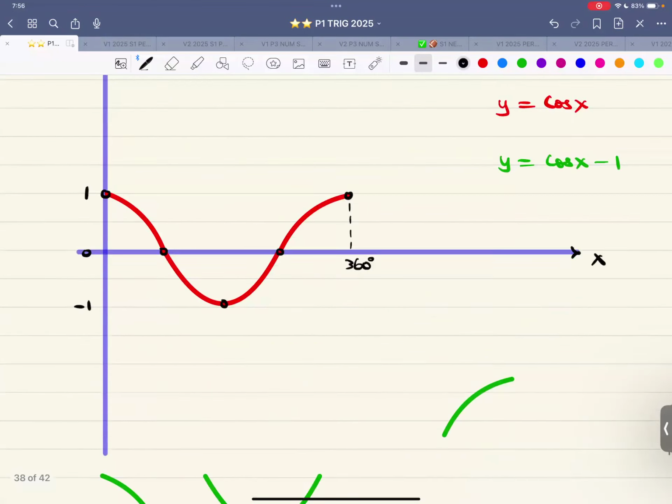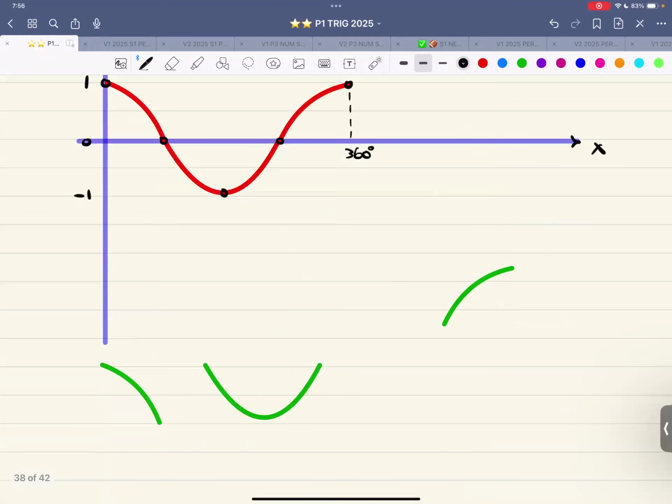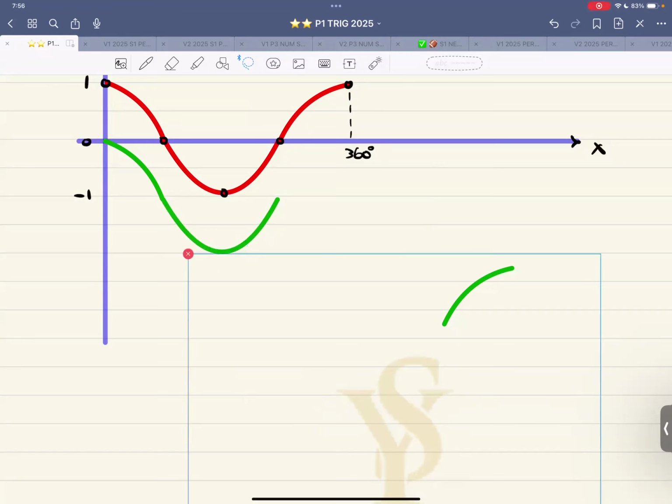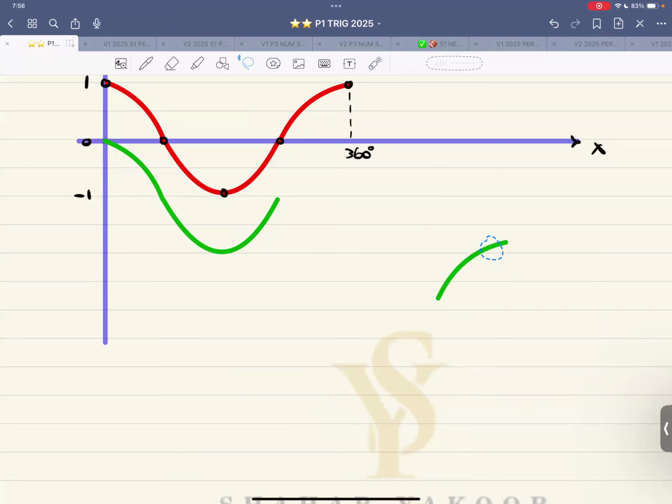Now we are transferring it 1 unit down. So let me take this thing up, and now it is transferred 1 unit down like this. Let me take this thing, attach to it, something like this. Let me remove it, and let us join forces like this.